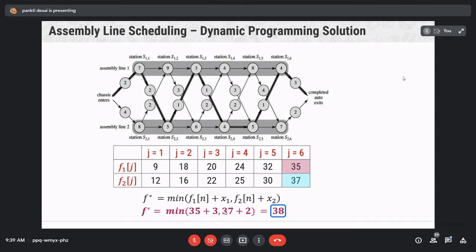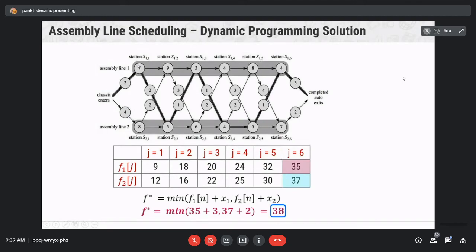Now next step is to compute the fastest path from this table. Here you can see that when we enter the assembly line, if we select assembly line 1, then we get the fastest time, because F11 is smaller than F21.